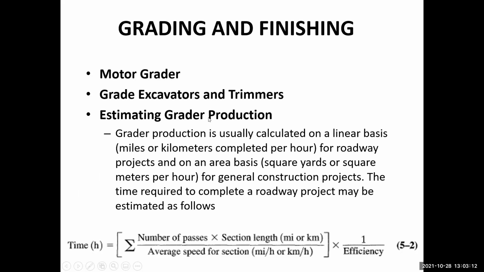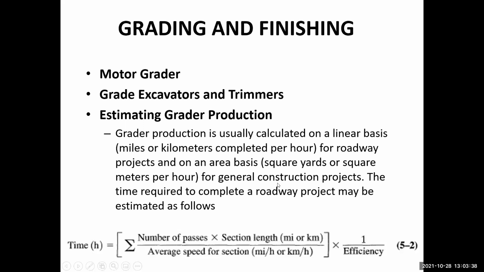And then we have estimating grader production. Grader production is usually calculated on a linear basis, that is, miles or kilometers completed per hour for roadway projects, and on an area basis, square yards or square meters per hour for general construction projects.